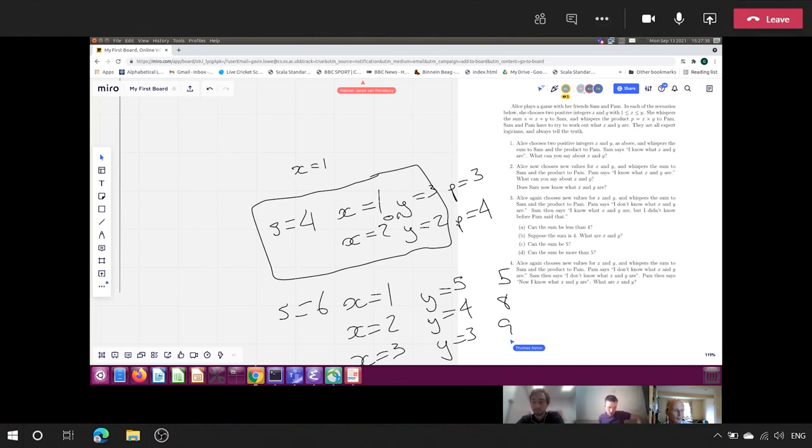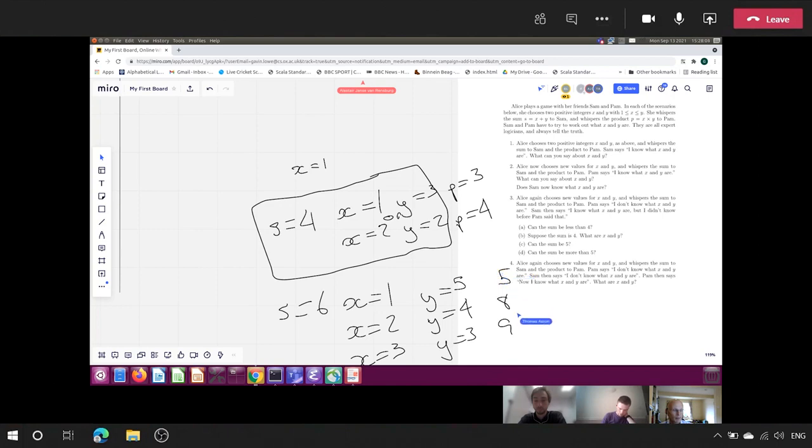In this case, the additional knowledge that Pam doesn't know what x and y are doesn't actually help, because if Pam knows what x and y are, we have that x equals 1 and y equals 5 because 5 is prime.